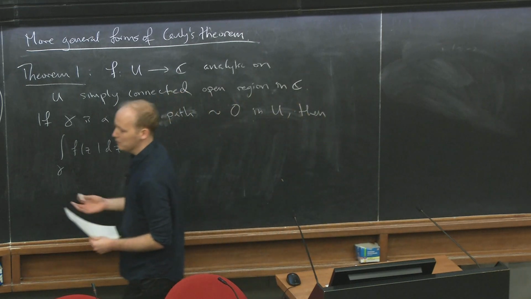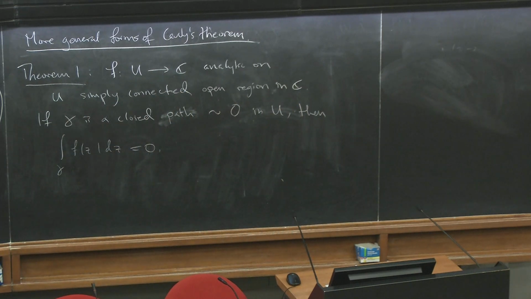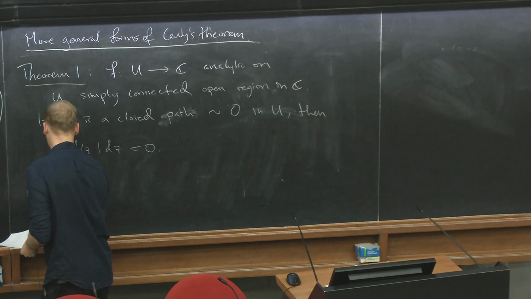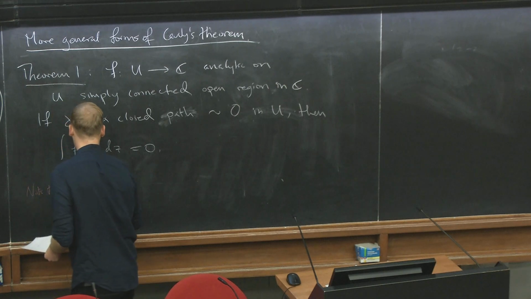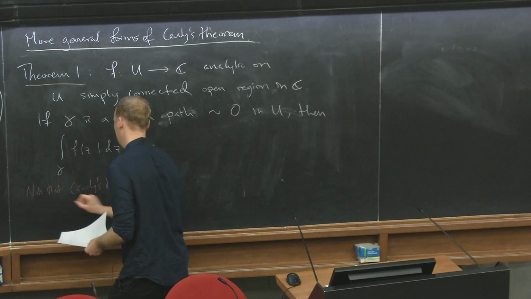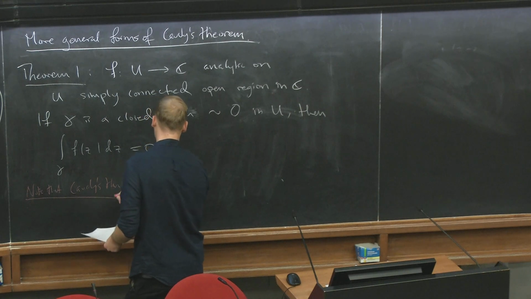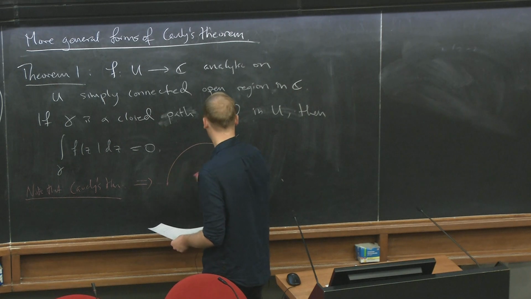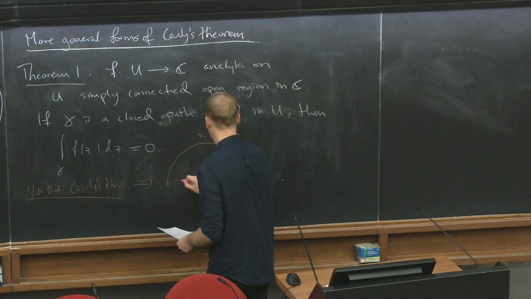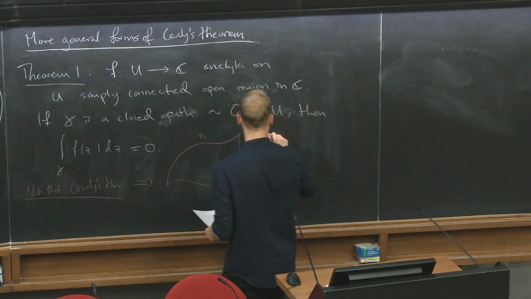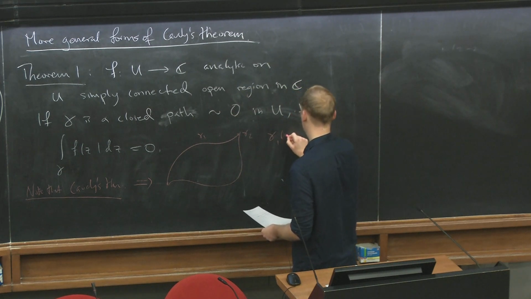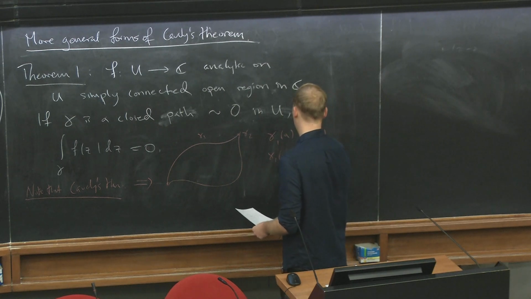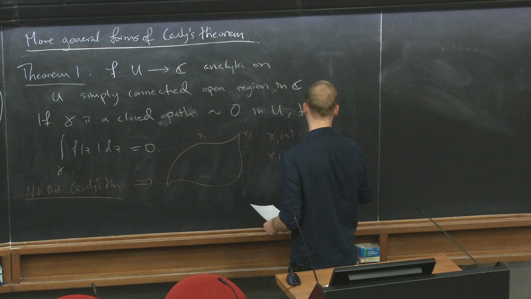And in particular, just as a small remark, note that by Cauchy's theorem, this implies that if we have two paths, gamma 1 and gamma 2, such that gamma 1 of the starting point is equal to gamma 2 of the starting point, I mean, they start and end at the same point.